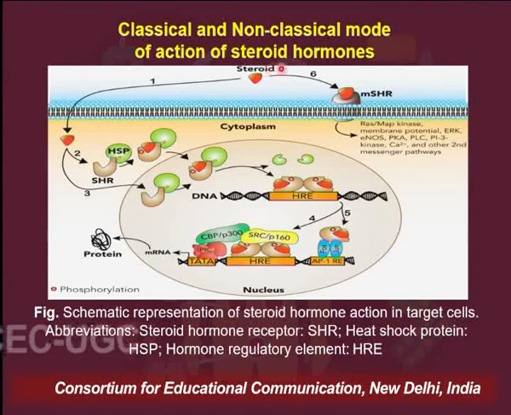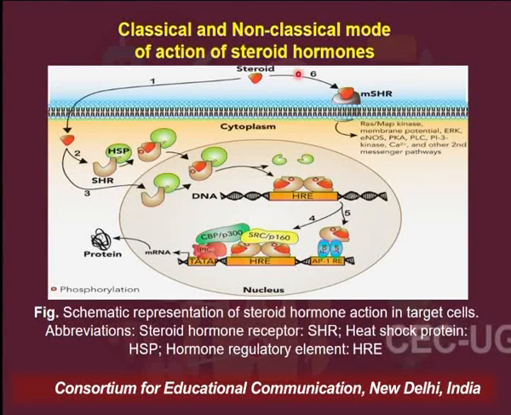The hormone can bind to this receptor and will thereafter activate n number of secondary messenger molecules. So this is a non-classical mode of action, and these classical and non-classical modes of action are also called genomic and non-genomic modes of action.